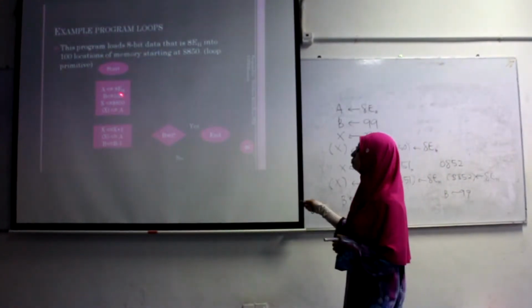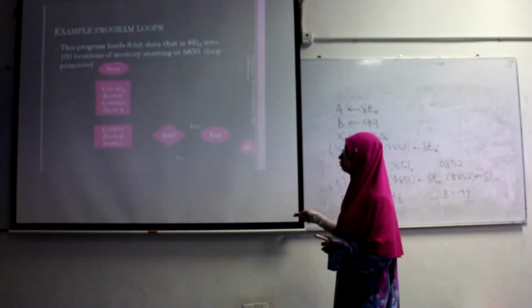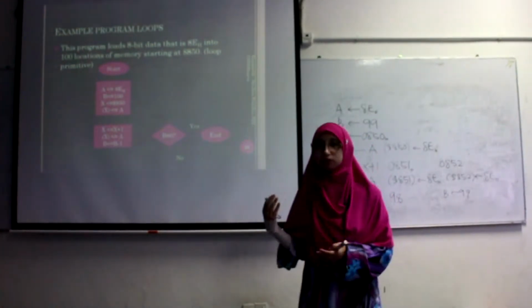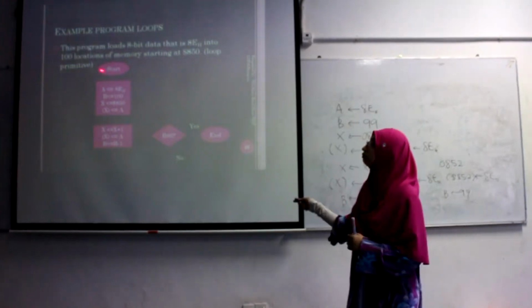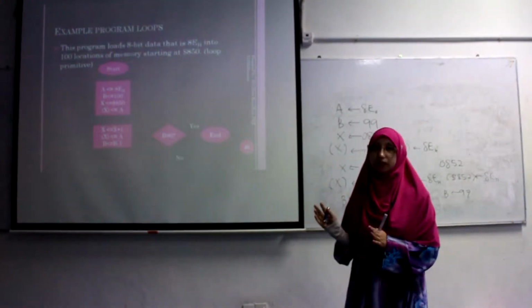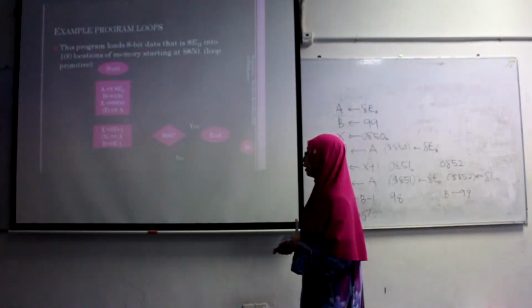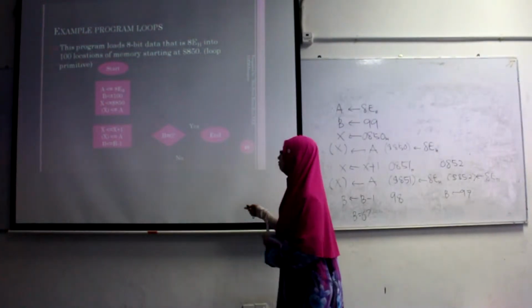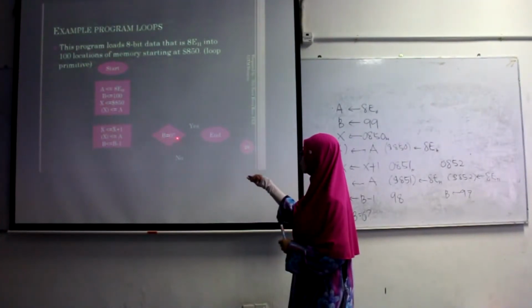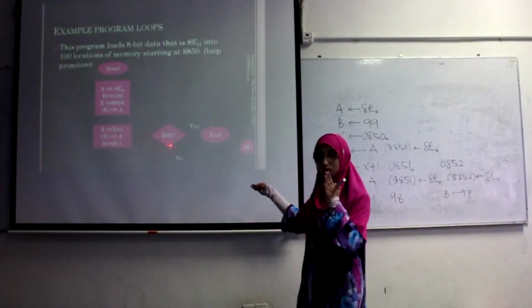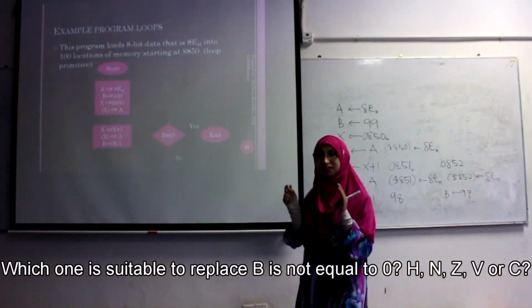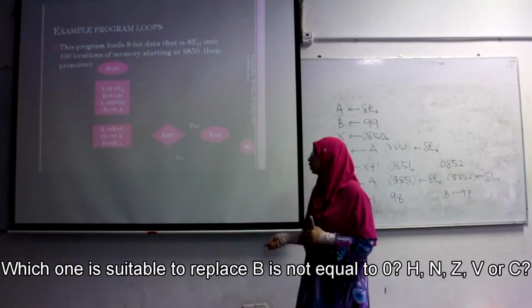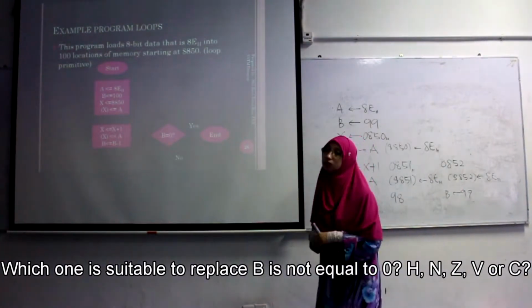Okay, from the start until here, we already learned before. We just easily convert the flowchart into instructions. What we have to know is which branch instruction to use for the condition B equal to 0.